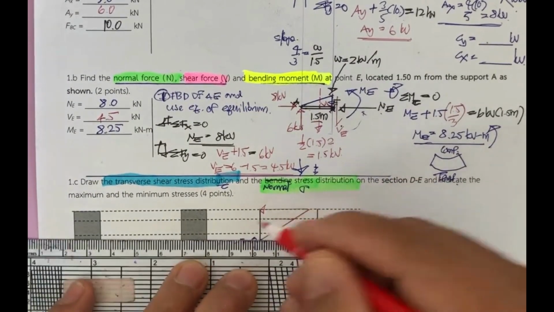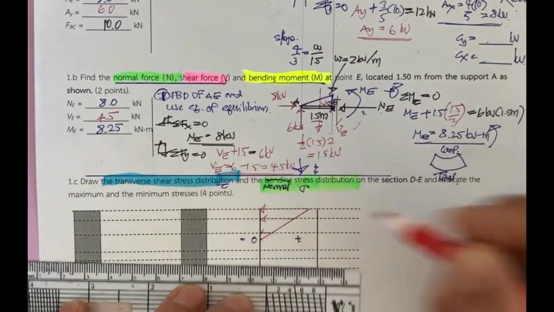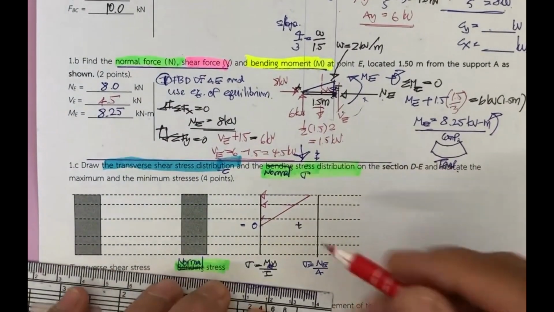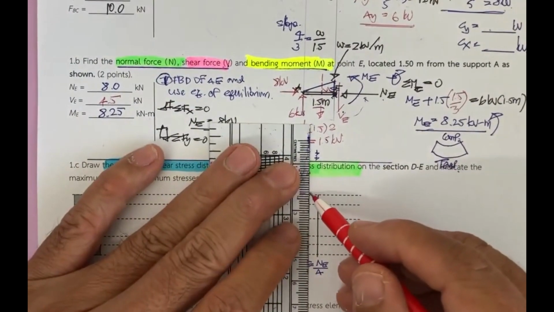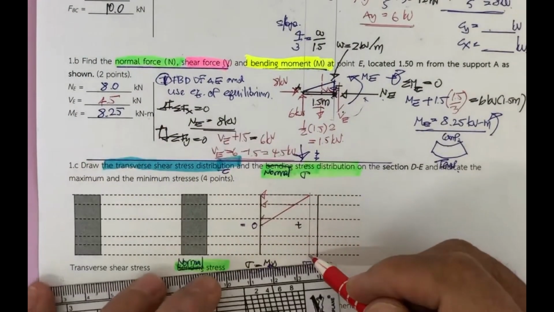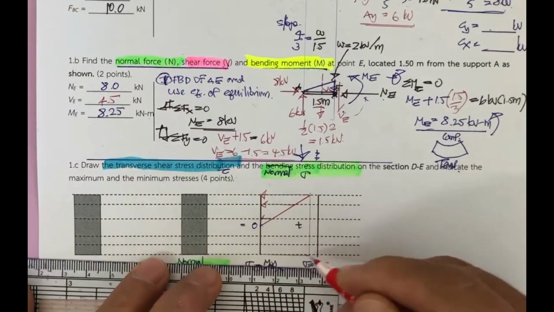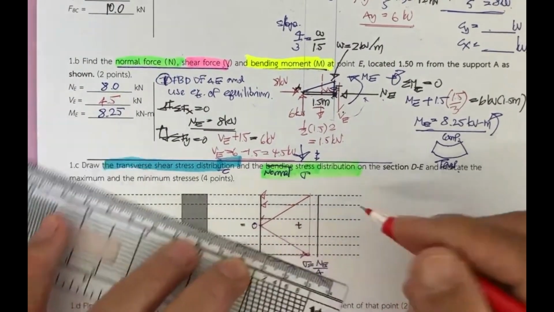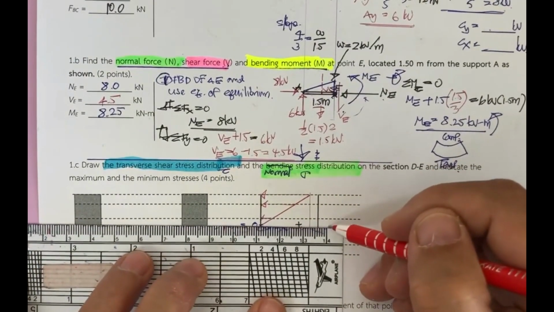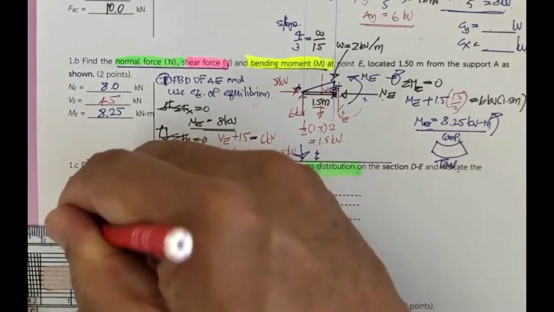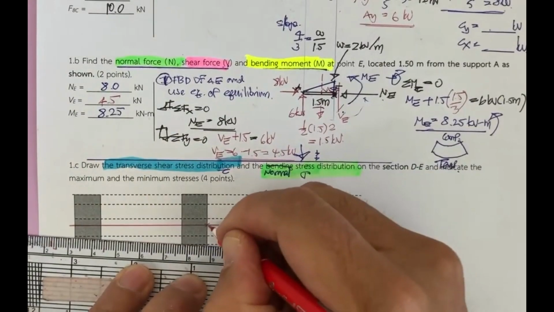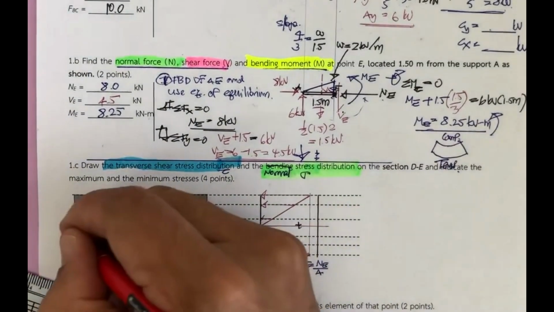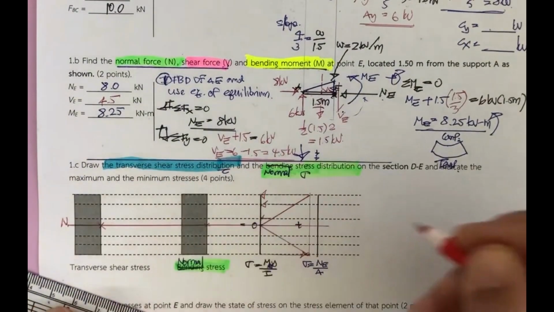This one is in compression. This is compression. Okay, this is going to be in tension. And also due to the double symmetry of the section, this one is going to be equal and in tension. We have this one and this one. This occurs passing through the centroid of the section, and we call this the neutral axis.